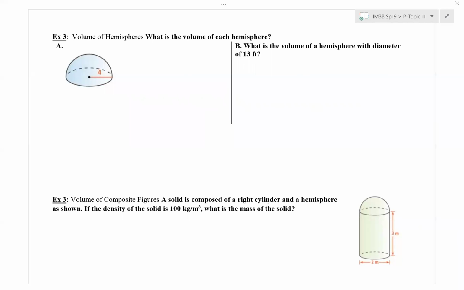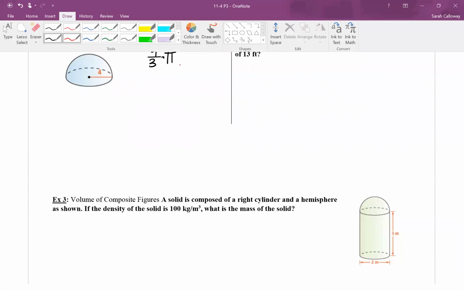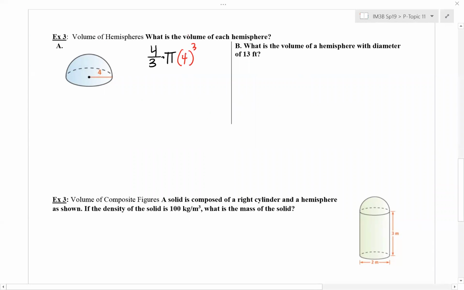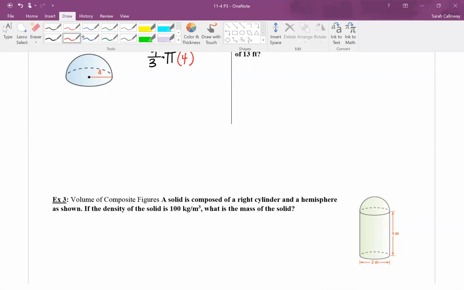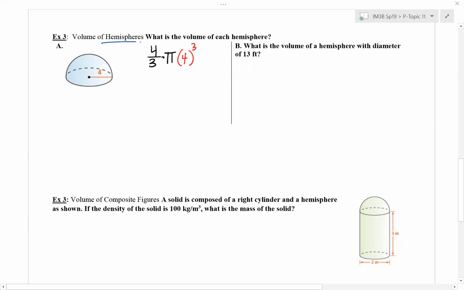So if I had this whole sphere, my volume would be 4/3 times pi times my radius, 4, cubed. But it's only half of a sphere, so I know that the volume is going to be half of that volume.